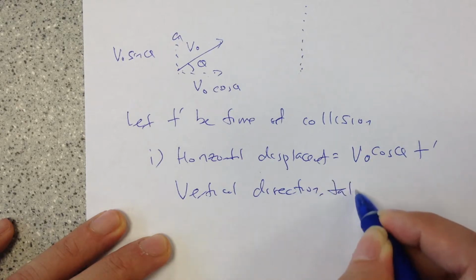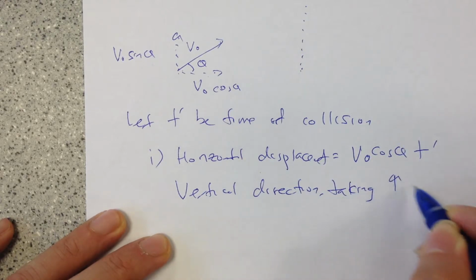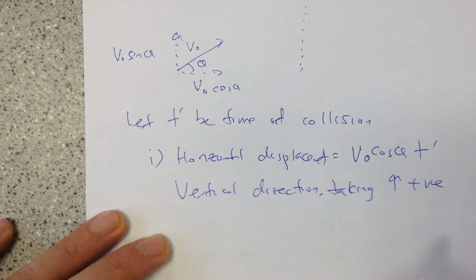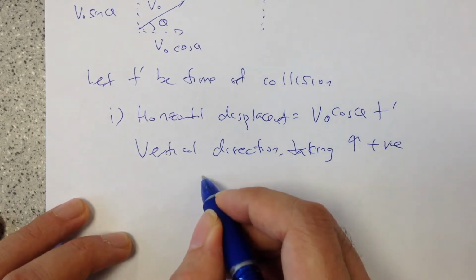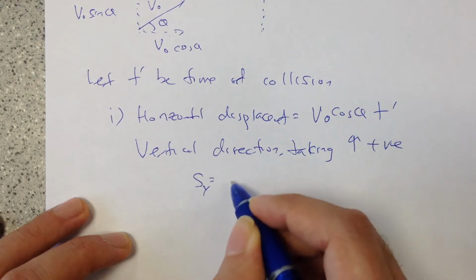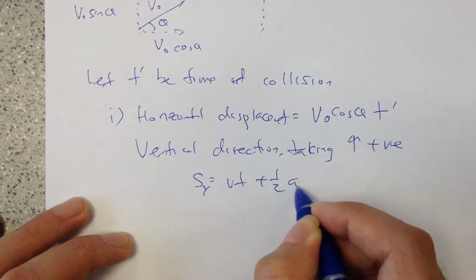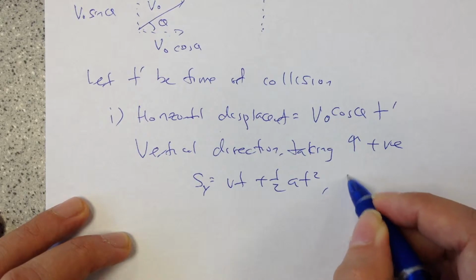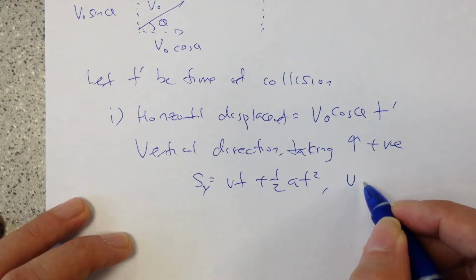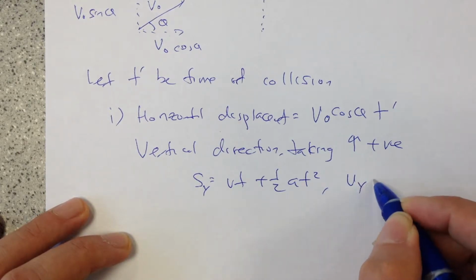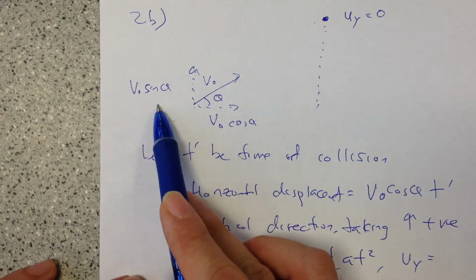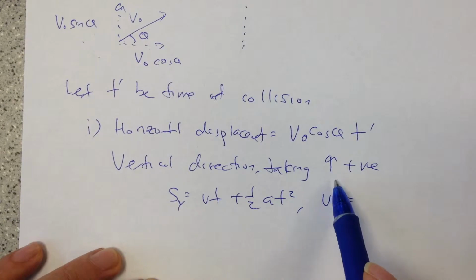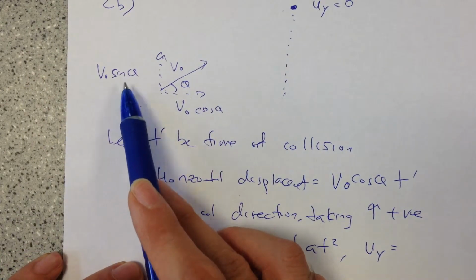Now, vertical direction, taking upward as positive. We use s equal to ut plus half at square, where u_y is equal to v sine theta. I'm taking up as positive, so this is a positive value.